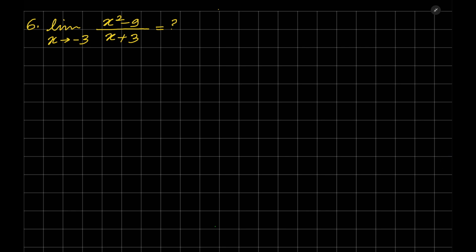Limit as x approaches negative 3, x squared minus 9 divided by x plus 3. How can we find the limit of this rational function?